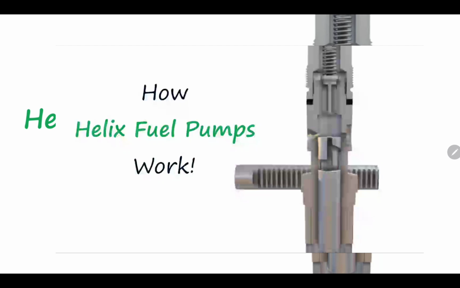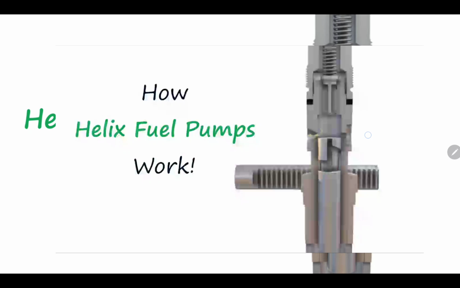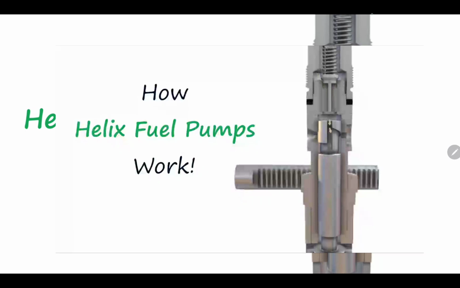Okay? So when the plunger is at the bottom dead center, the fuel will enter from this port here to fill the barrel. And when it moves up, it will close the same port, and when the helix opens the return port, the fuel will come back again through this port to fill the pump.